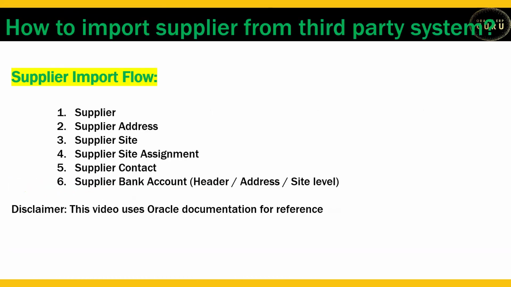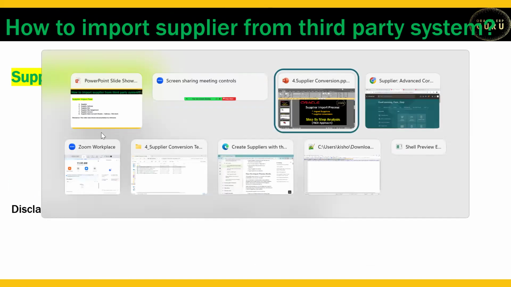So when you are importing suppliers, what should you understand? You have to understand supplier, supplier address, and supplier site. These are all different levels of importing the supplier. Let me show you.